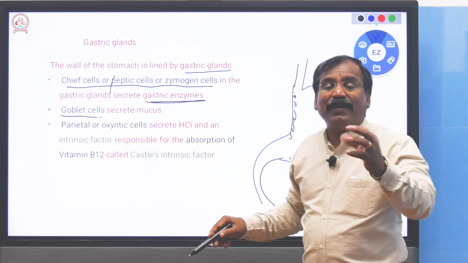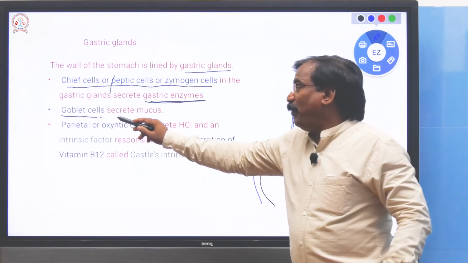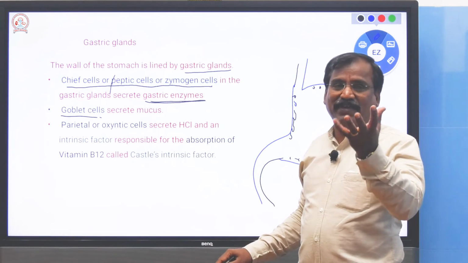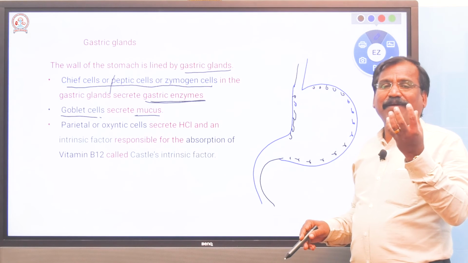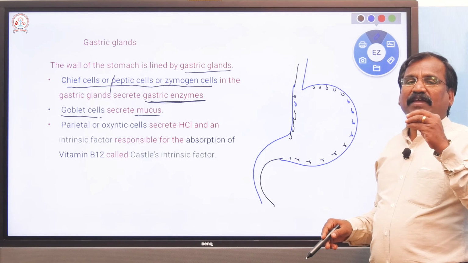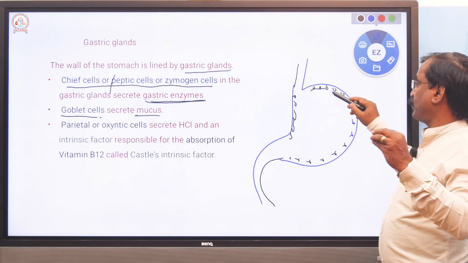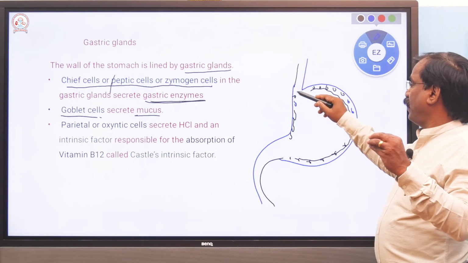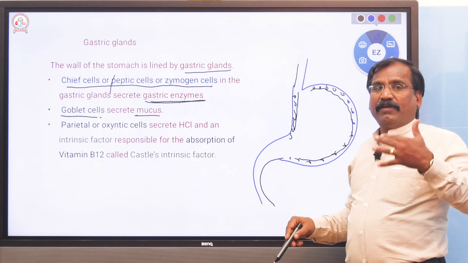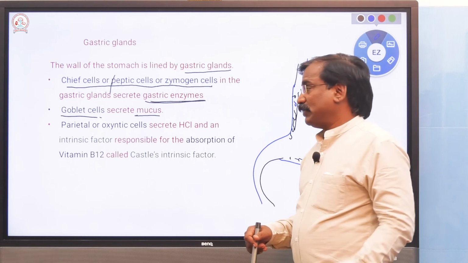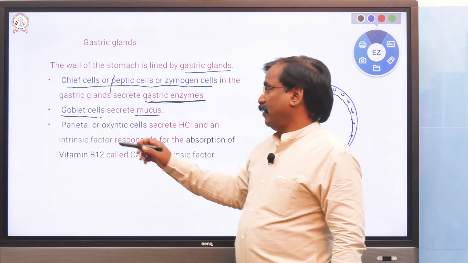These are the different types of secretory cells. Goblet cells secrete mucus, a highly viscous substance that covers the inner layer lining the stomach and protects it from the action of HCl.